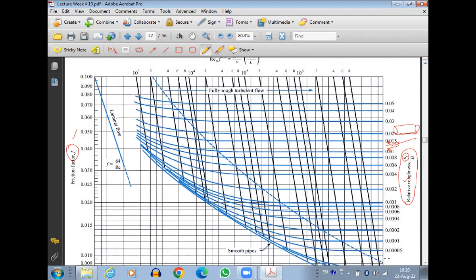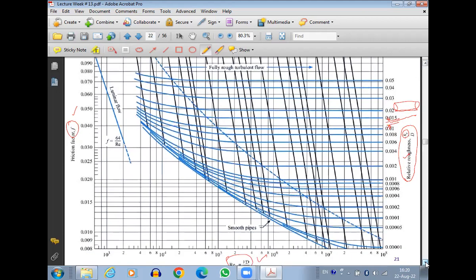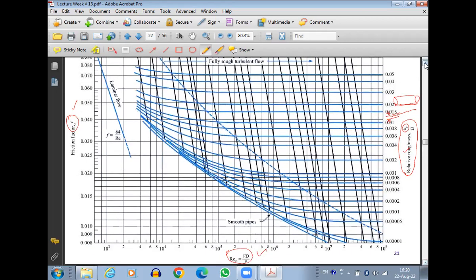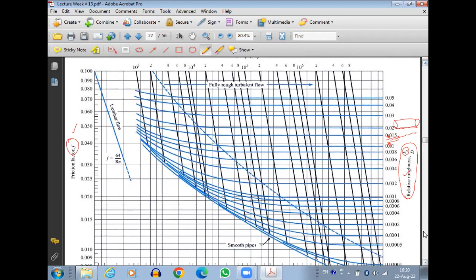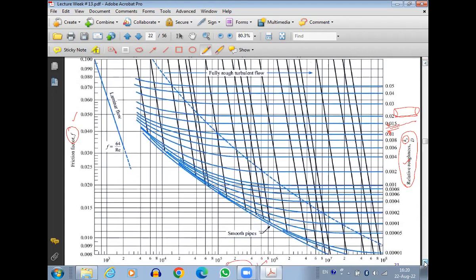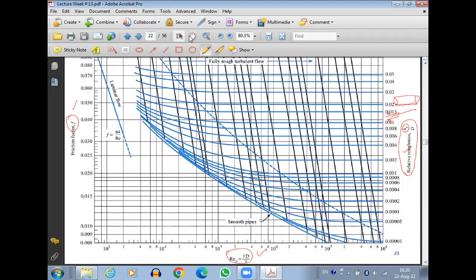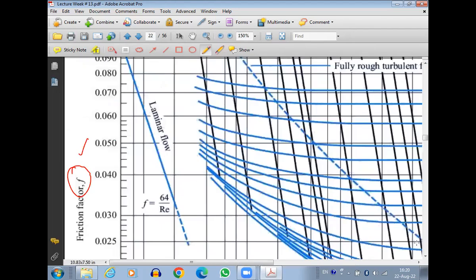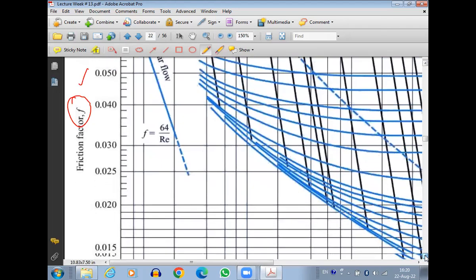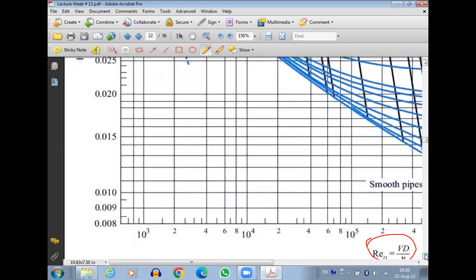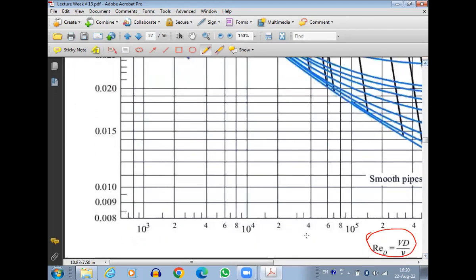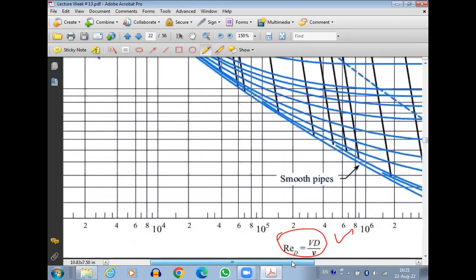Okay. So suppose that you have a case. We are going to come over to the solution here, but anyway, the dark blue lines are the relative roughness lines. Now, if you look deeply, let's look at the x-axis.